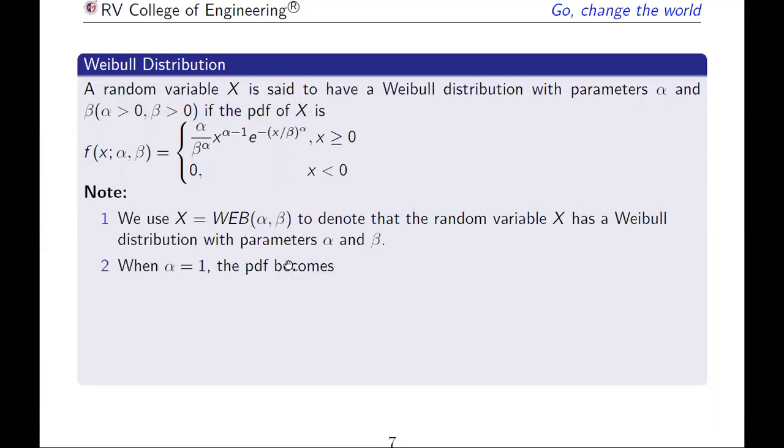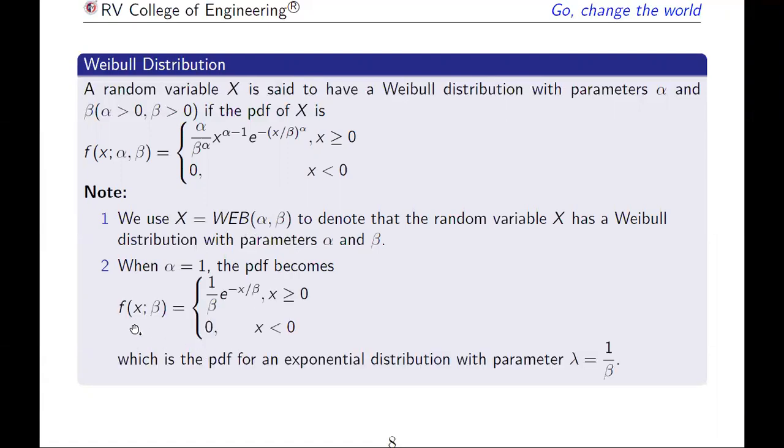When alpha equals 1, the PDF becomes f of x; beta equals 1 by beta, e to the power of minus x by beta, whenever x is greater than or equal to 0, and is equal to 0 otherwise. So here you can see that this is nothing but the exponential distribution which you have learned in your previous course.